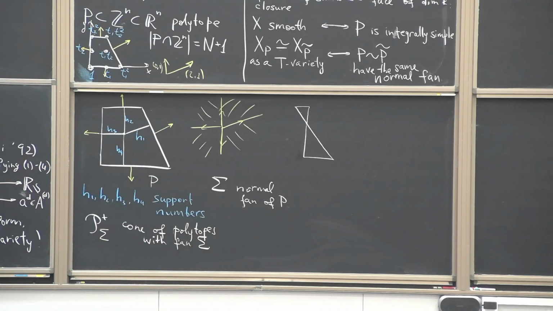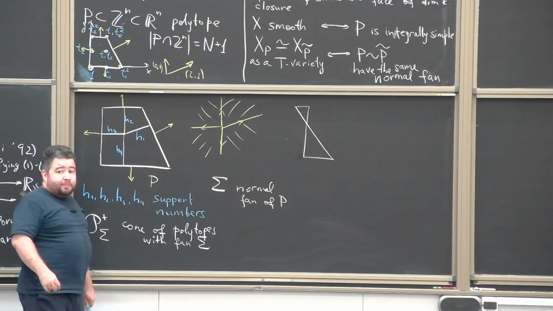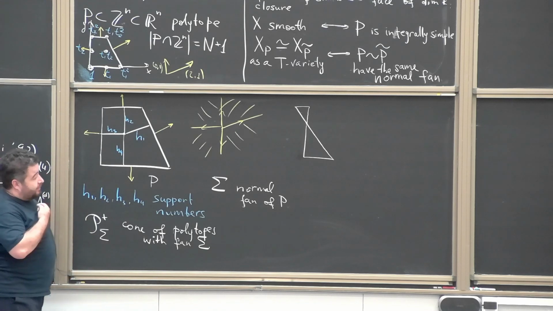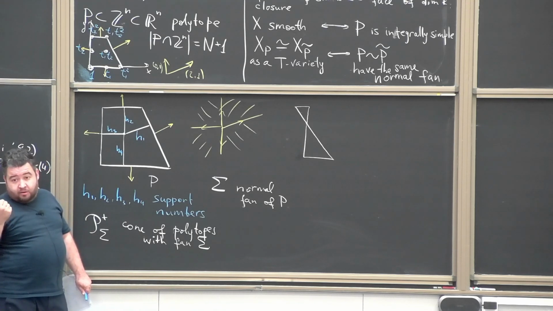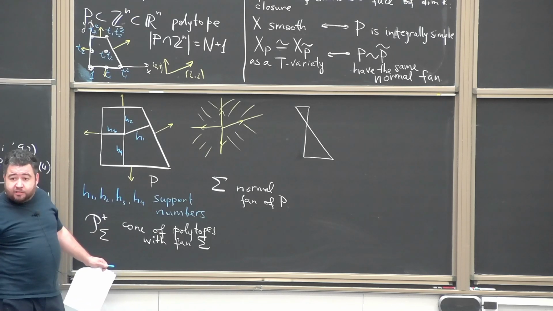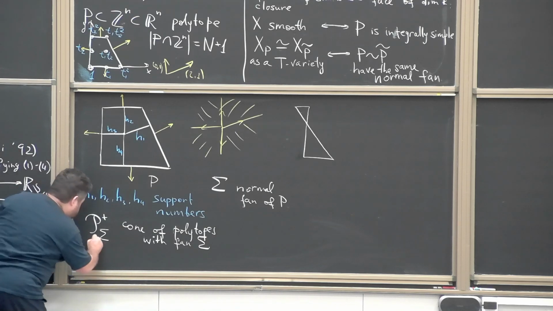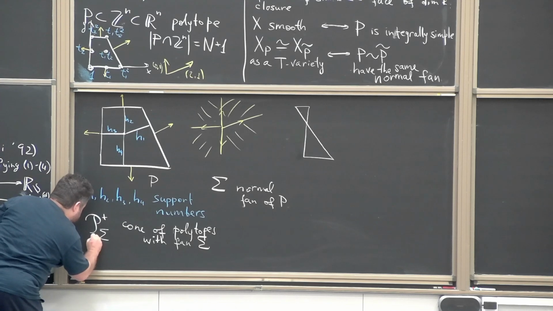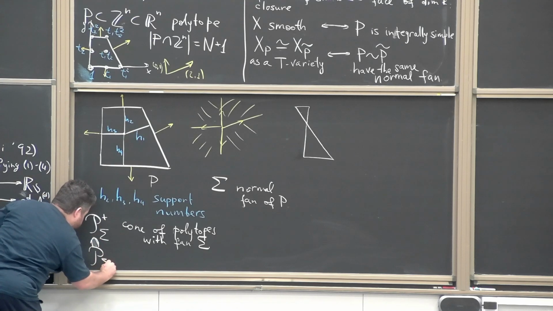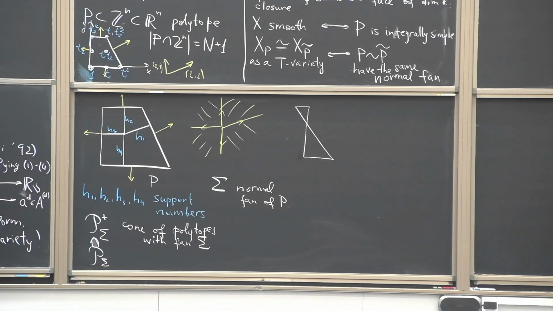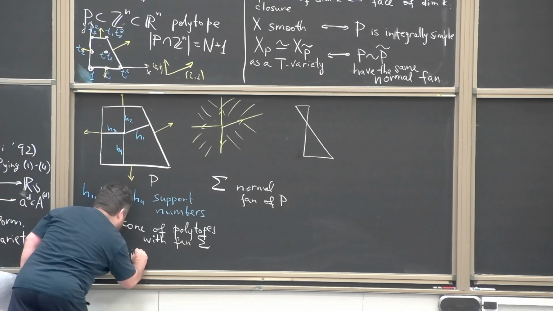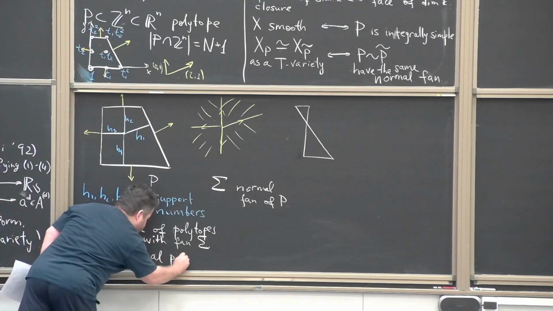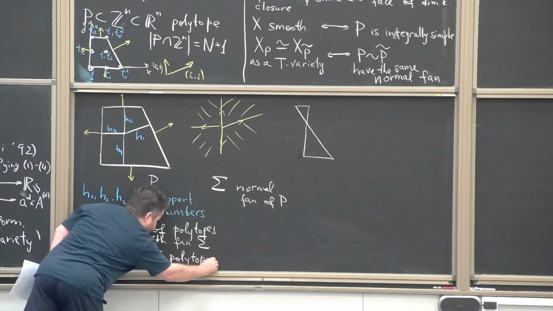Or, if you wish, since a cone is not as nice as a vector space, you can formally allow your h's to be any combinations. So you'll get some bigger vector space, P_sigma, and this will be the space of virtual polytopes with fan sigma.